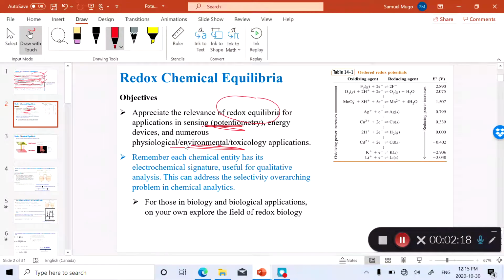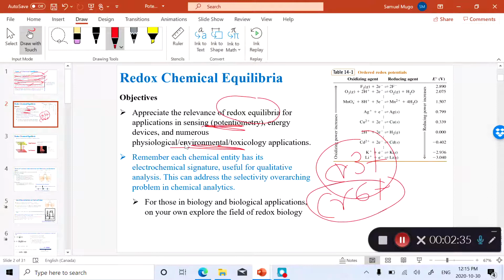For example, I think I mentioned before, you've got, say, elements in different oxidation states. Say, chromium can have an oxidation state of 3 plus, but also it can have an oxidation state of 6 plus.